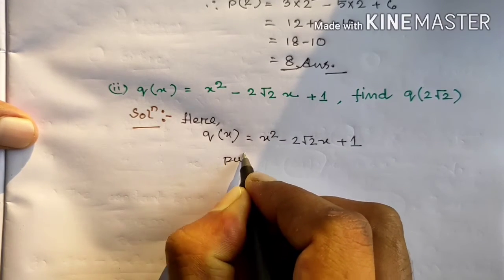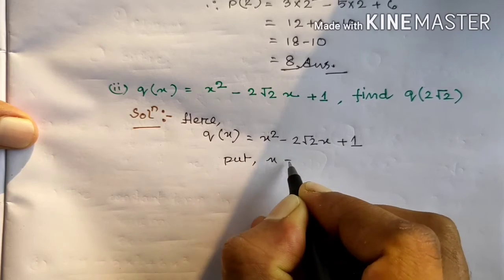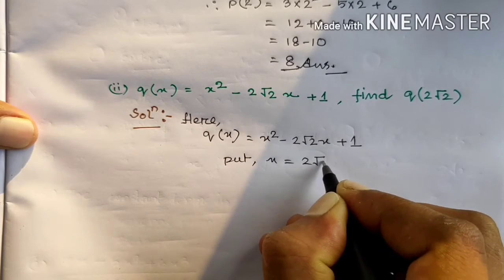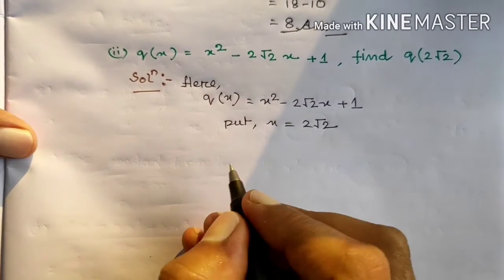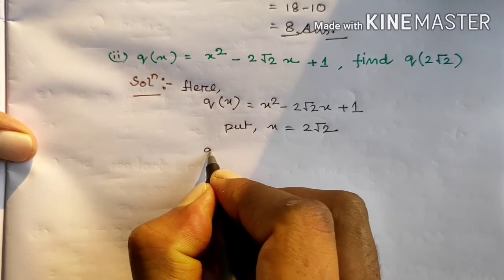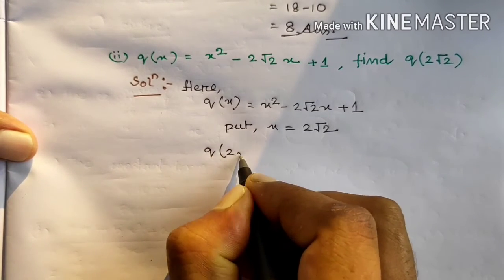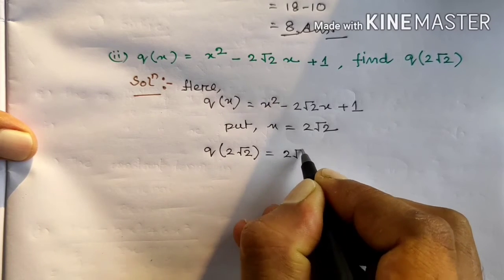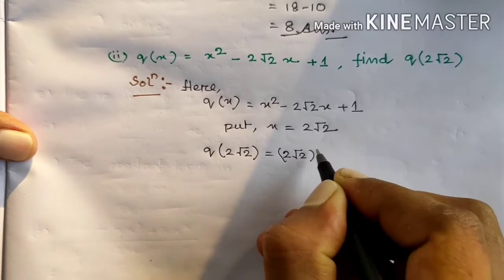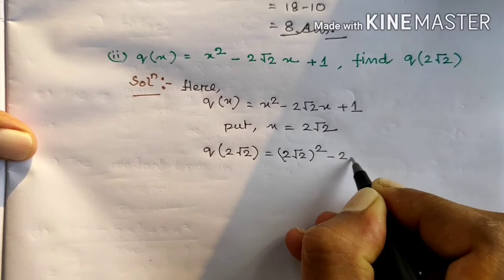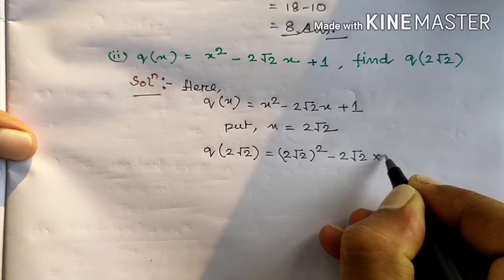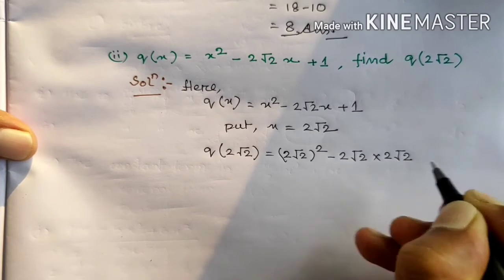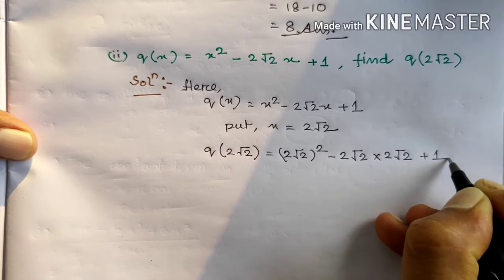Just put the value of 2 root 2 instead of x and you will get the answer. q of 2 root 2 equal to 2 root 2 whole square minus 2 root 2 into 2 root 2 plus 1.